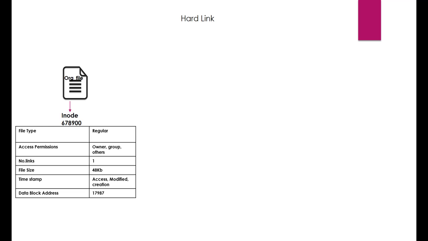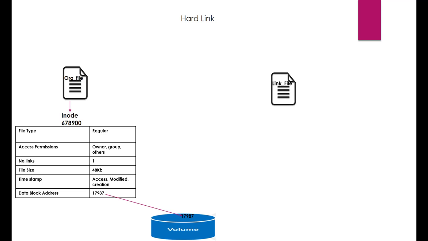Whereas in a hard link, you are going to have an original file with an inode number, and as usual it will have an inode table attached to that, and that inode table is going to have all the details including the data block address, and that data block address refers to the storage device.